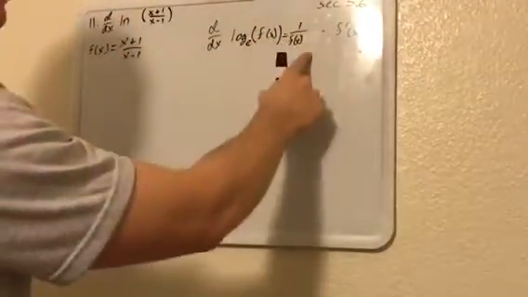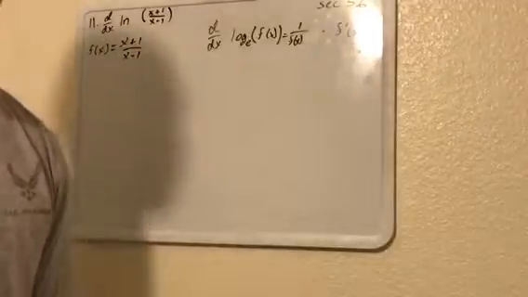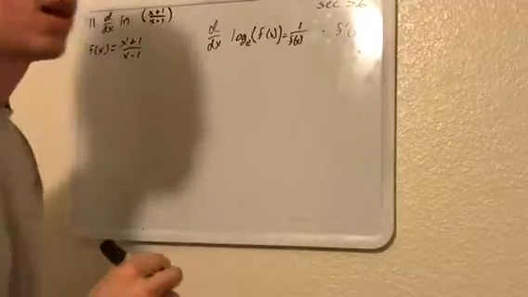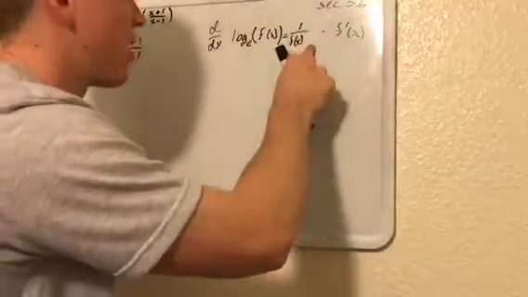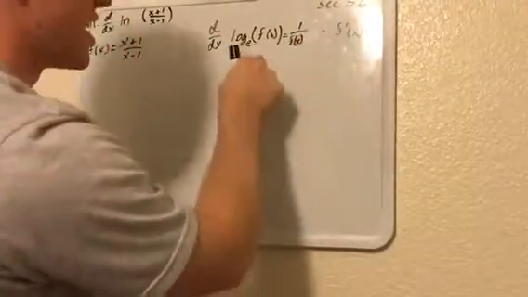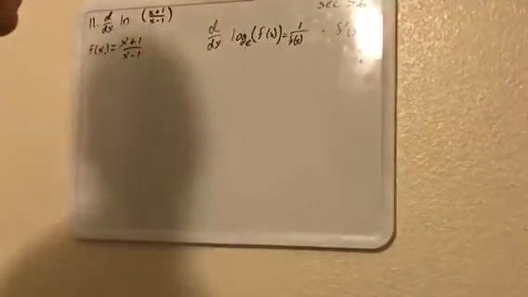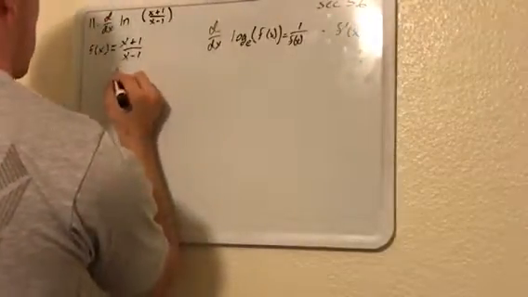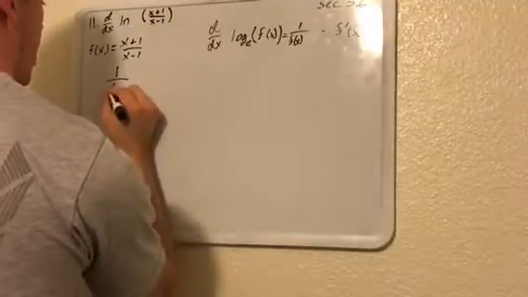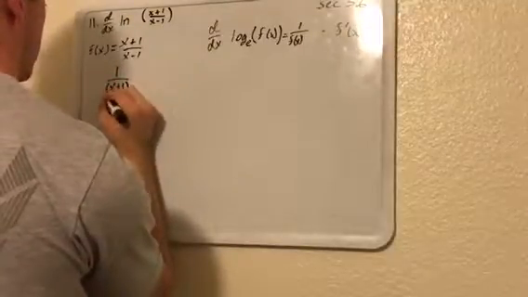So this is a little bit more simple of a function, and you're going to work with natural logs a lot more often than you're ever going to work with any other kind of log. So sometimes it's useful to just remember that it's 1 over f of x times the derivative of the inside of the function.